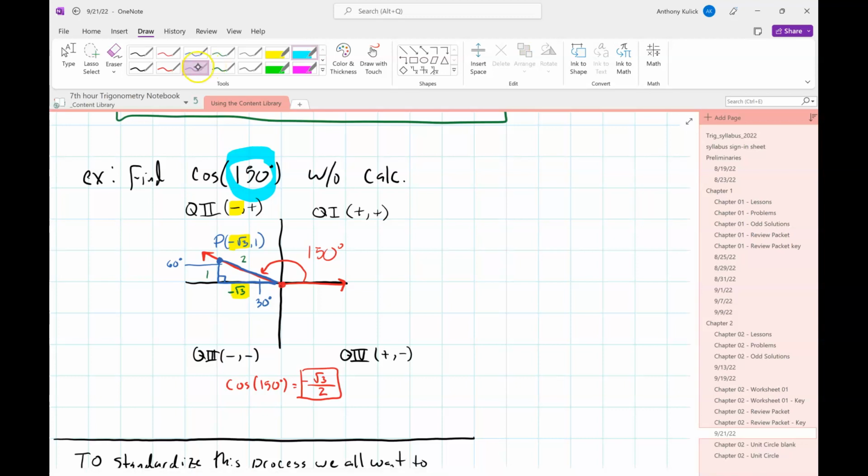When we draw that angle, it forms a reference triangle, which is the triangle we built. If that reference triangle forms a 30, 60, 90 or 45, 45, 90 triangle, we'll be able to compute the values for sine, cosine, tangent, etc. exactly without a calculator, just by using these 30, 60, 90 and 45, 45, 90 triangles, right?